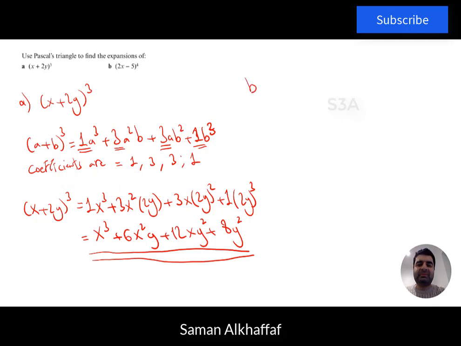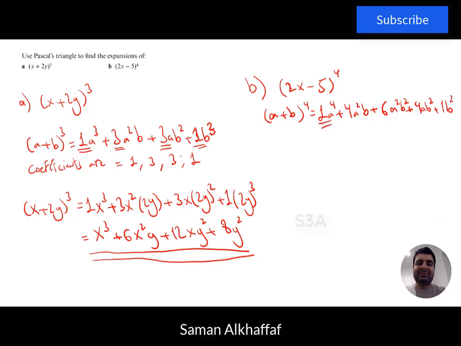For part B, we have the expression (2x - 5) to the power 4. In this scenario, (a + b) to the power 4 would give us 1a to the power 4 plus 4a cubed b plus 6a squared b squared plus 4ab cubed plus 1b to the power 4.